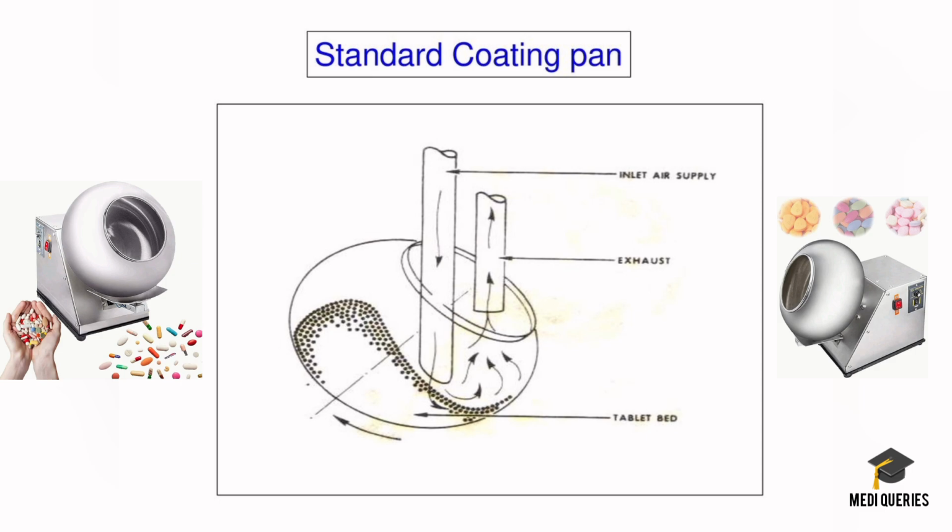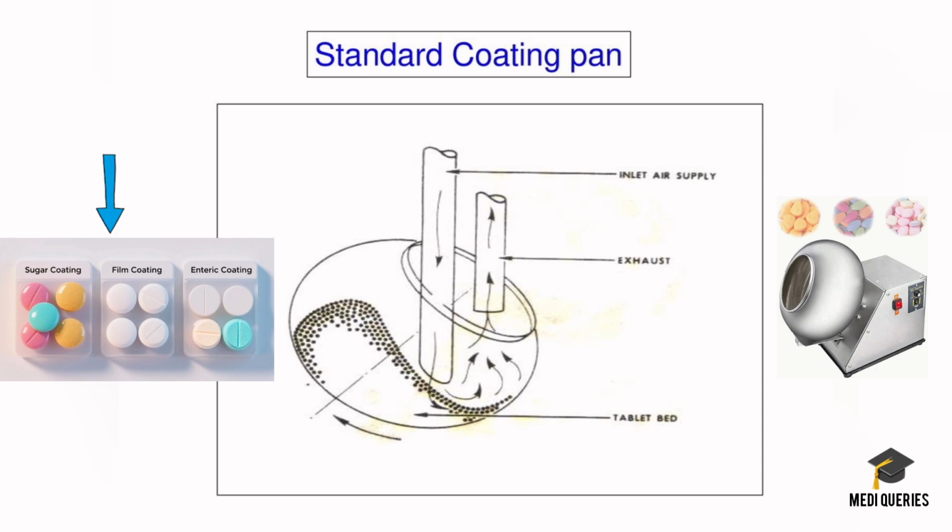As a result, the drying of the tablet materials after coating is done in the pan itself. Okay, so after coating, polishing is done in a polishing pan. Here the pan coating technique is used for sugar coating, film coating and enteric coatings.